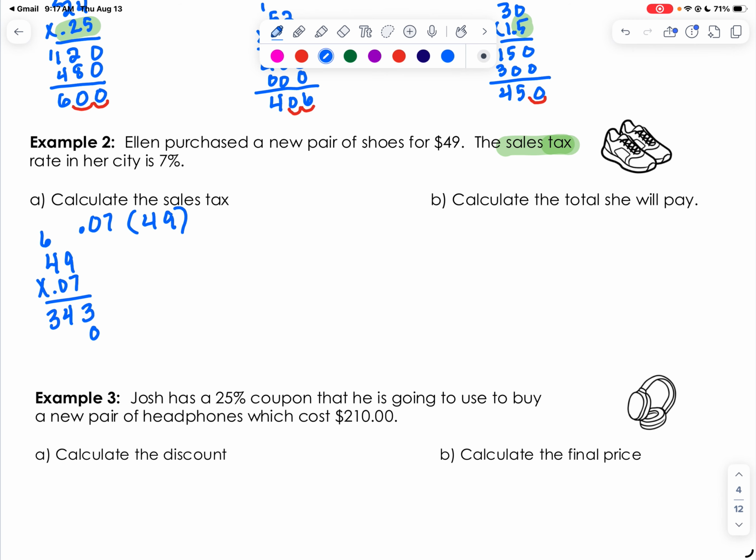Drop a 0, and remember 0 times 9 is 0, 0 times 4 is 0, so these are just going to be zeros. Add that all up. And note, we have two numbers after the decimal, so we want to move our decimal in 2 times. So 7% of $49 means you have a tax of $3.43.